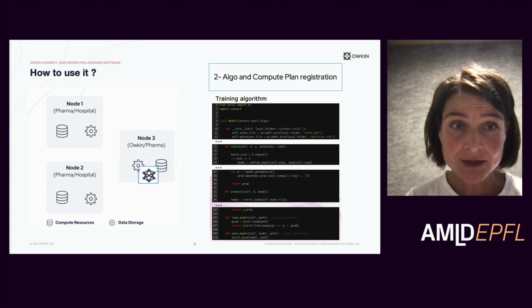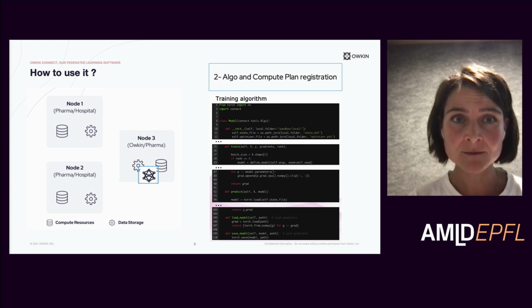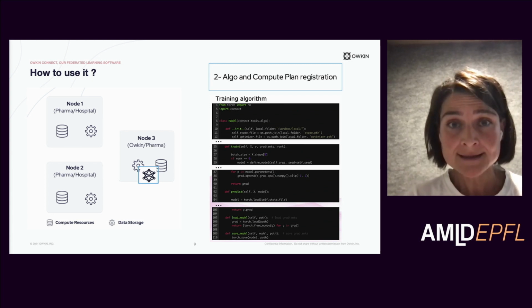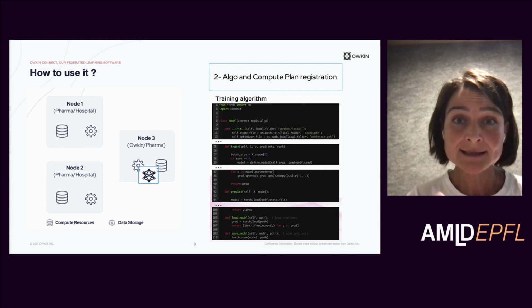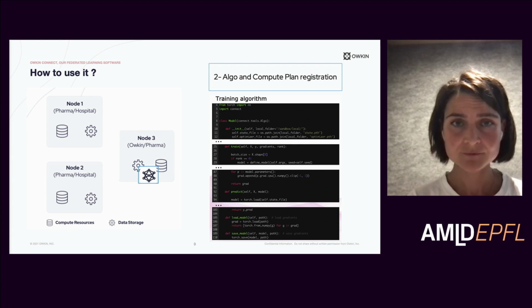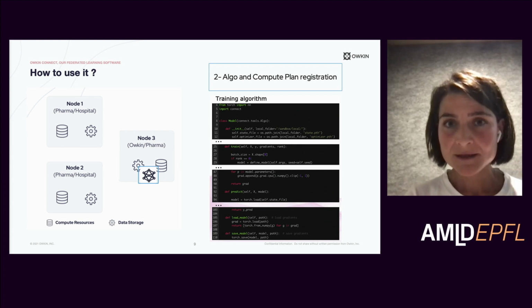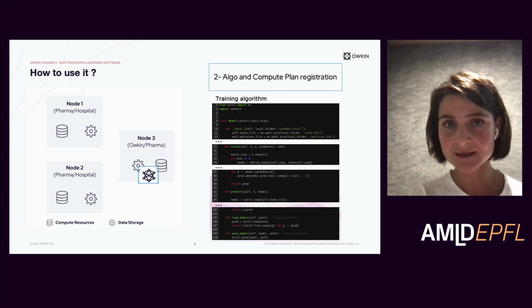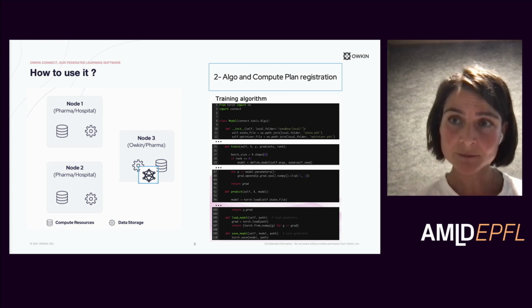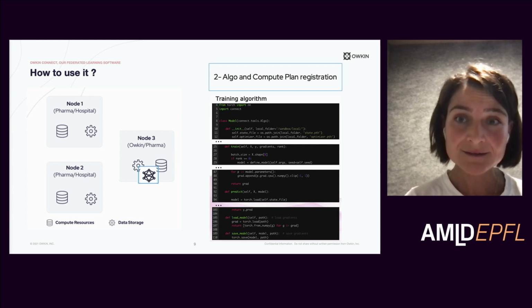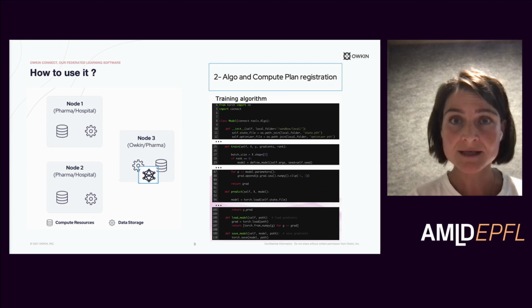And here the challenge to design this algorithm is to design it while keeping the privacy of the data. And here it depends on the privacy level of your data. For some use cases at Owkin, we have access to part of the data with remote access. So we are able to explore the data and design the algorithm using this subset of accessible data.